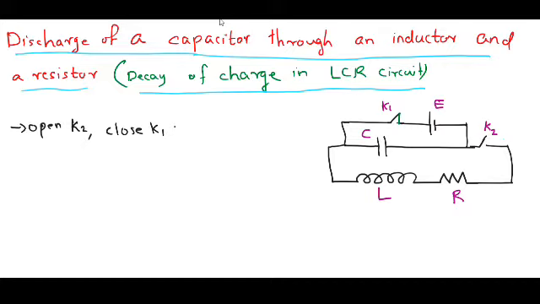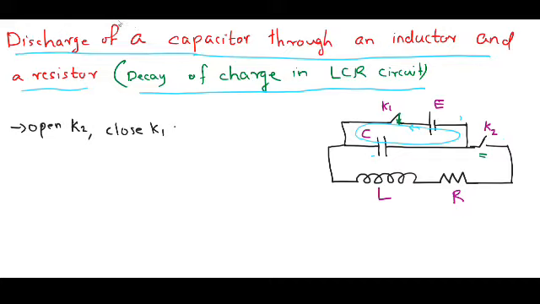We close this key K1 and we open the key K2. Now see, there will be a current flow from the voltage through this capacitor, and this circuit is now closed, and our capacitor C will be charged to its maximum value Q0.